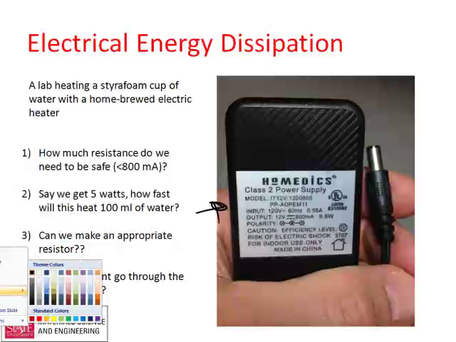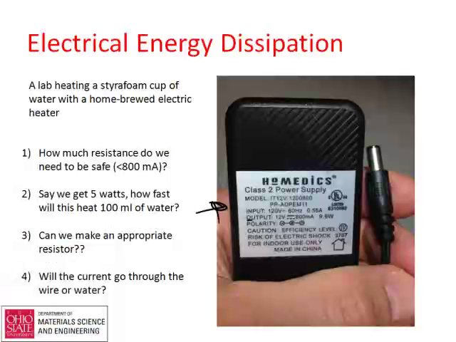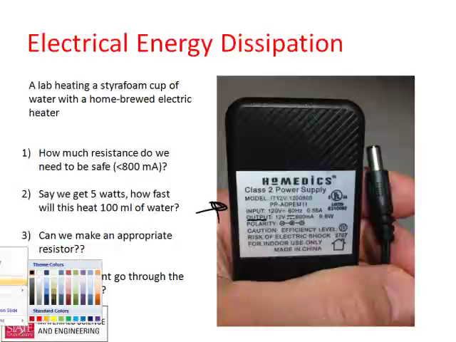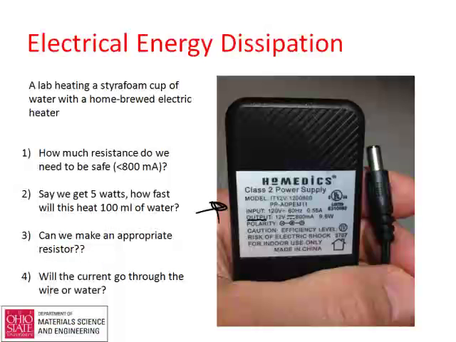You can see that the output for this thing is, in this case, 12 volts, which is kind of a nice level. It's large enough that it's meaningful, but it's small enough that you can't hurt yourself, and you can't go beyond about 800 milliamps, about 0.8 amps, and this gives you 9.6 watts of output.